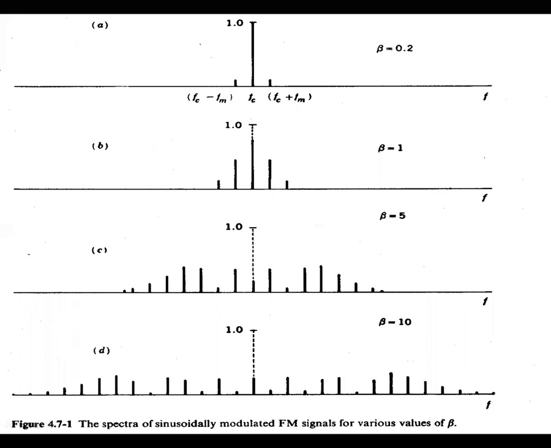Observe in the spectrum of FM that at Fc the magnitude is 1, the maximum carrier amplitude, the unity. So the remaining sideband magnitudes are lower than 1. As we go on, the amplitude of the spectral components reduces.